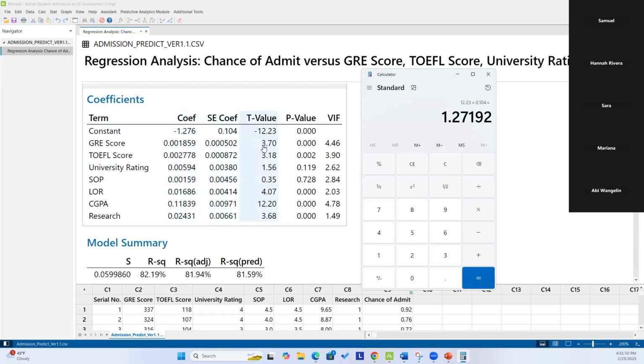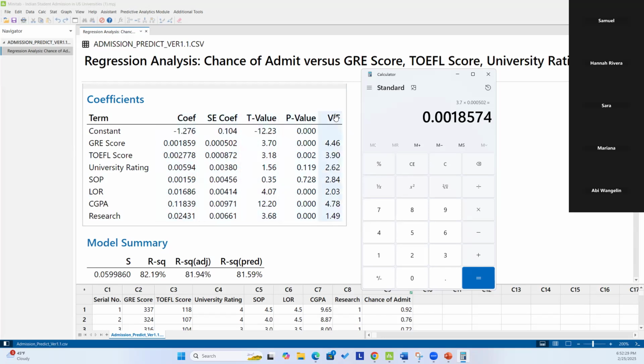Similarly, you can do it for GRE: 3.7 multiplied with 0.000502. You will get this number, 0.001855. So if you know any two of these numbers, you can get the third number. Is it making sense?